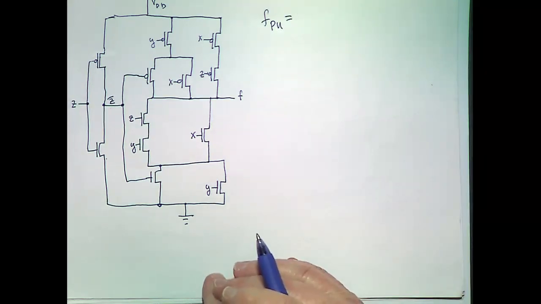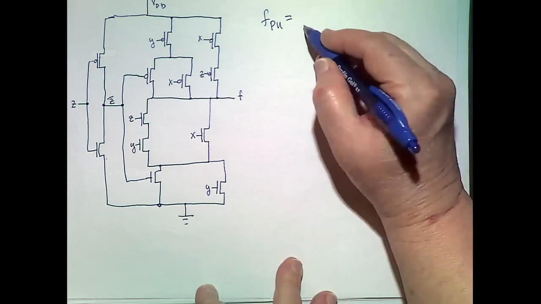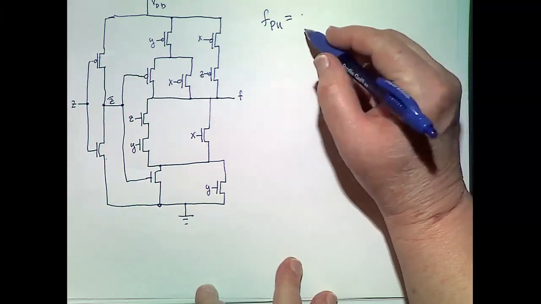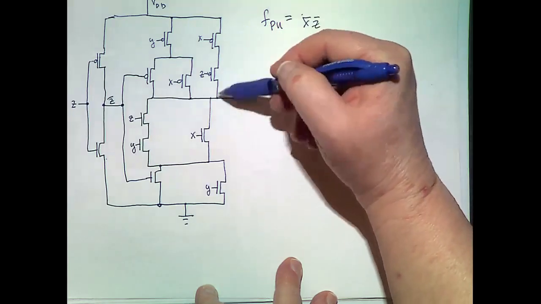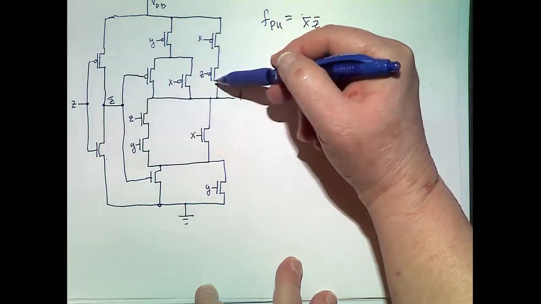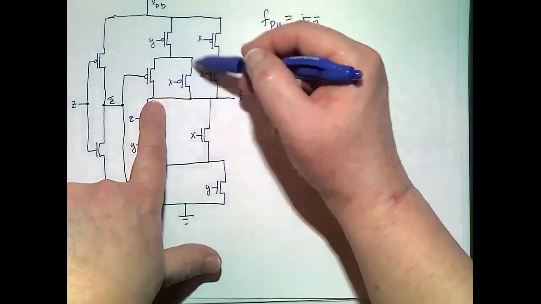Okay, there's X, Y, and Z. So that is... Anybody? Not X and not Z. Or... Okay, so you did the easy part. That's easy. Now this other part here, okay?